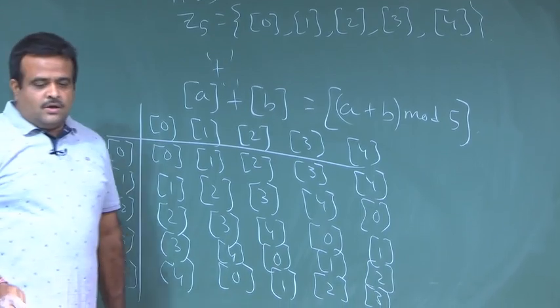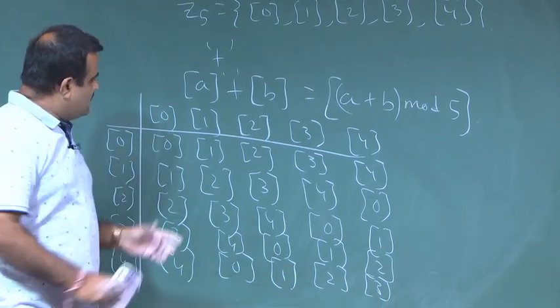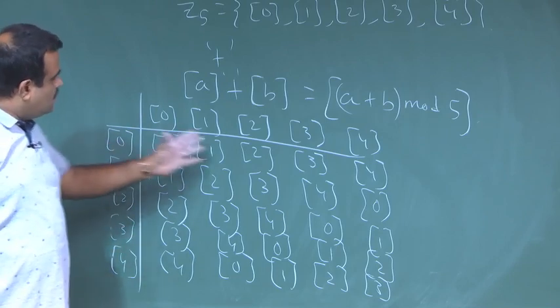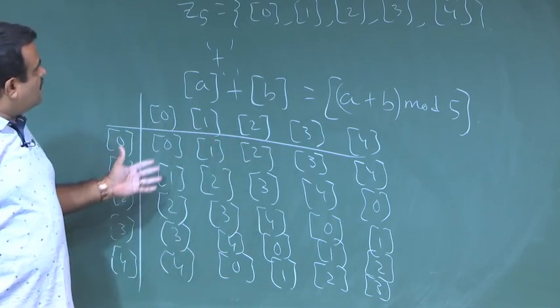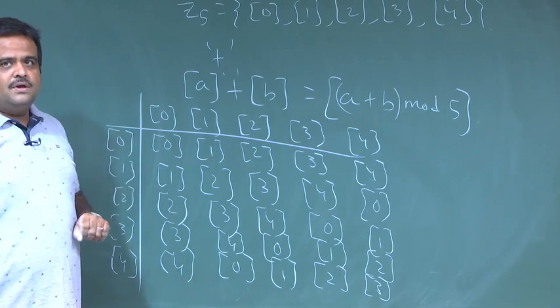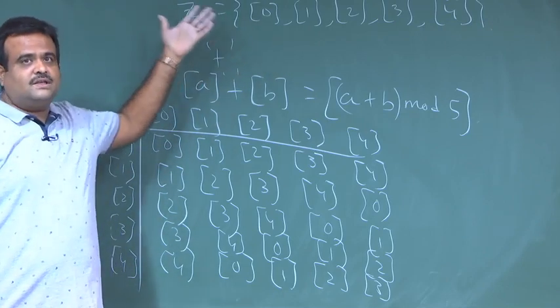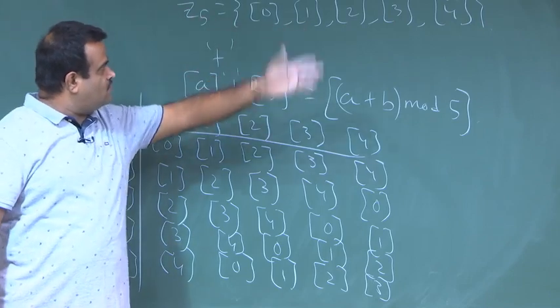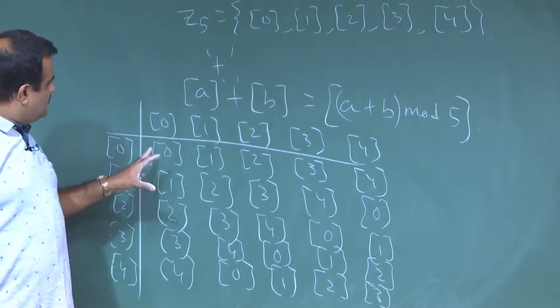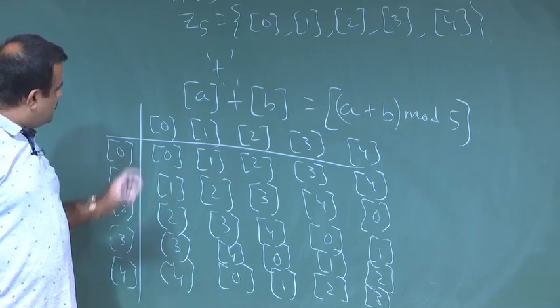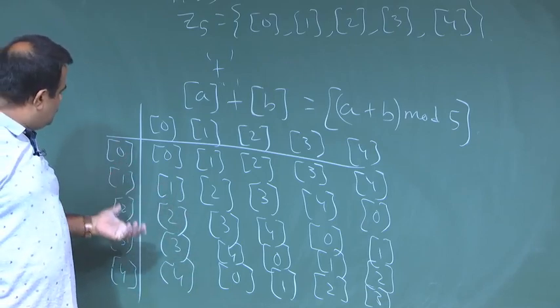So, we can easily verify that the closure property is satisfied, because all the elements here come from Z5. For simplicity we can remove these brackets, but anyway this is okay. Now, is this commutative? We can easily check.